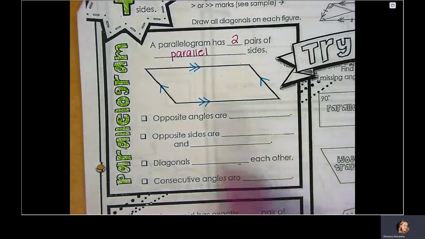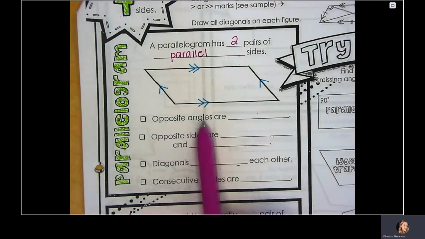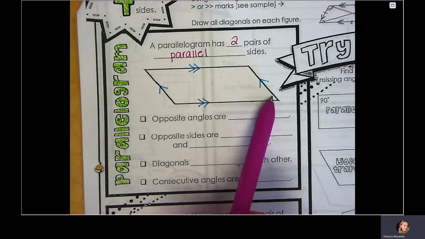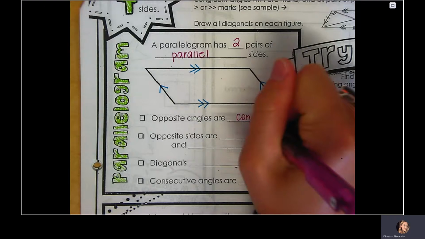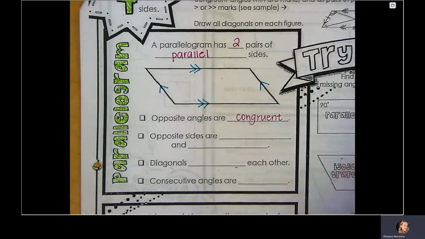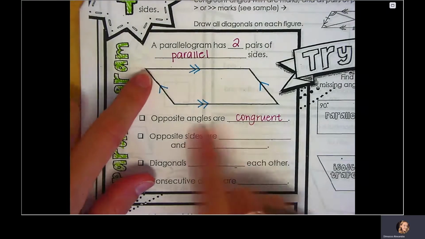In a parallelogram, opposite angles, meaning angles that are directly across from each other, are congruent. What does the word congruent mean? Two things are congruent, they are the same, they're equal to each other. How do I show that angles are congruent?